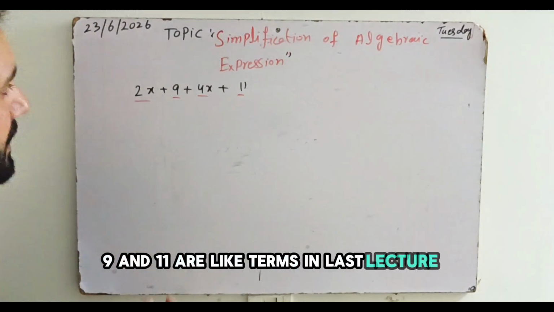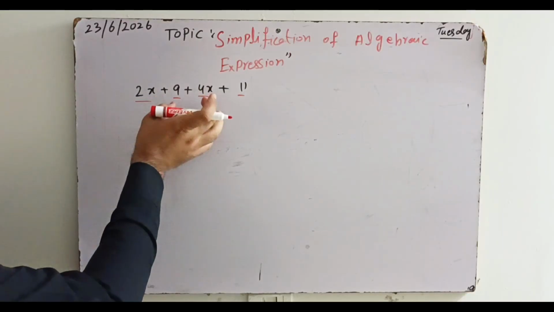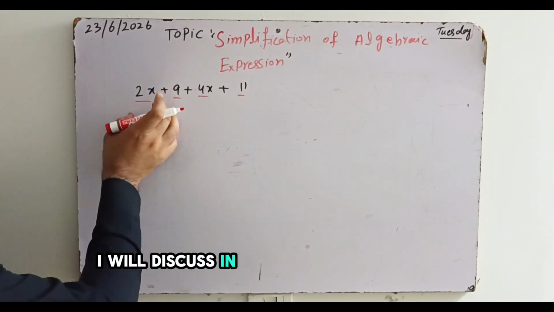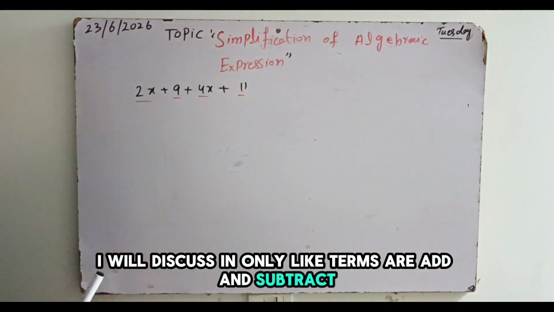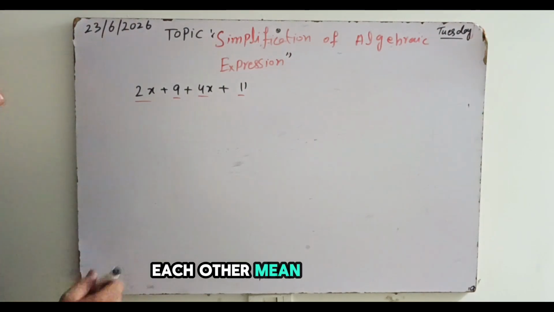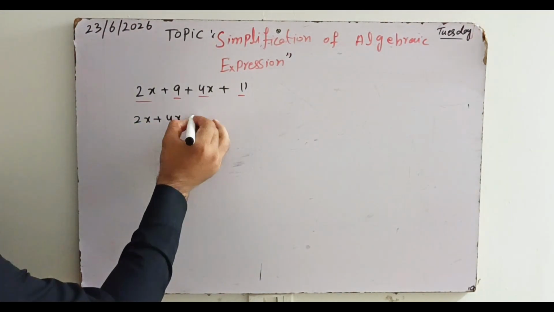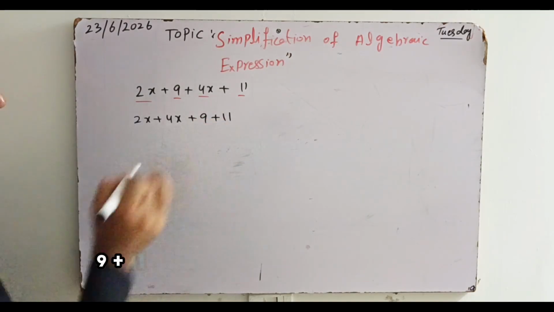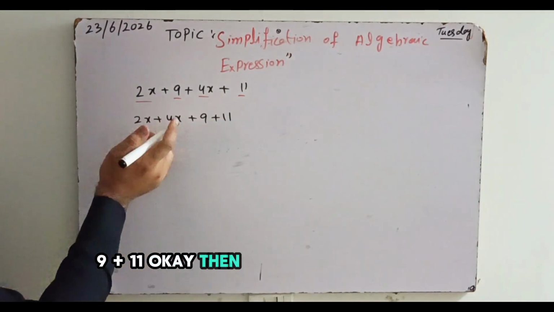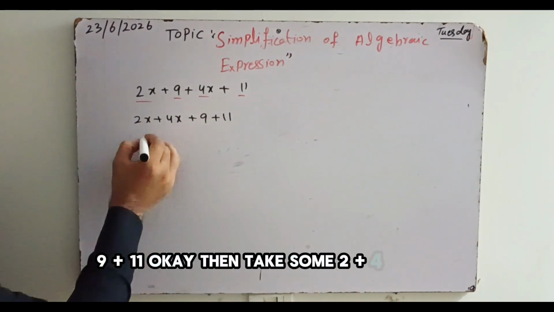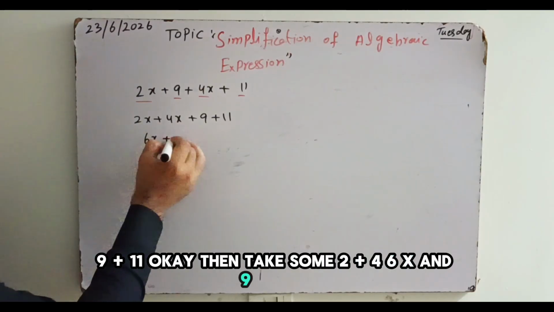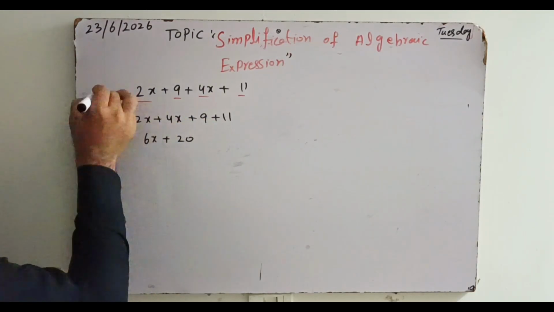In the last lecture, I discussed that only like terms are added and subtracted. So 2x and 4x, 9 plus 11. Then take the sum, 2 plus 4, 6x, and 9 plus 11, 20.